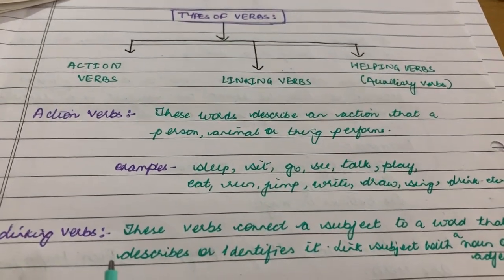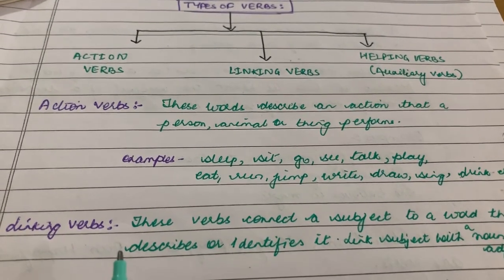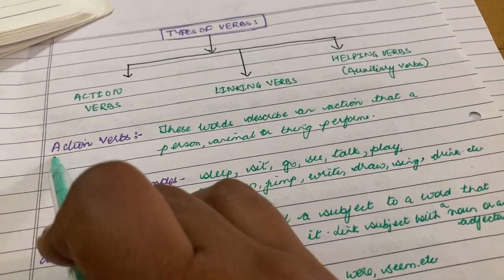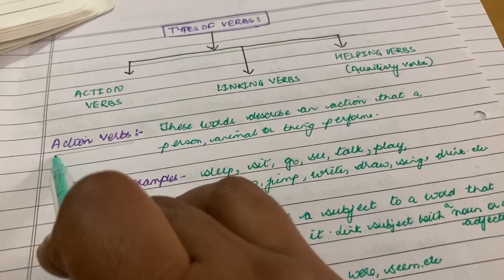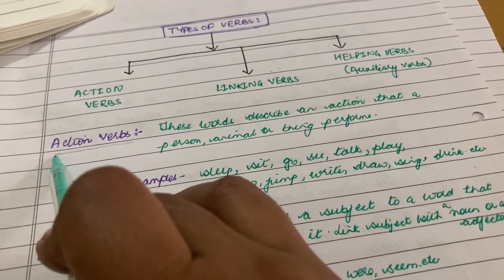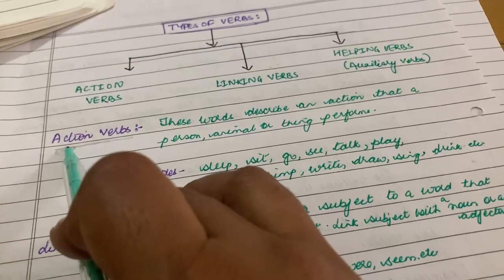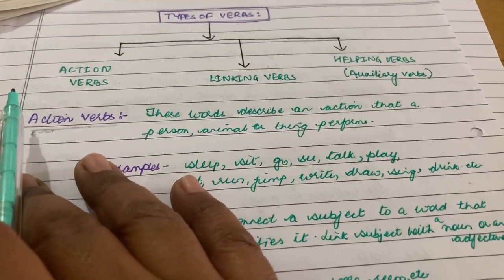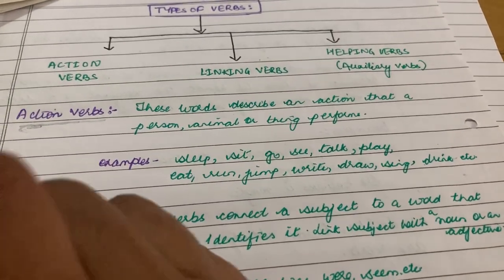So what is an action verb? The words that describe an action. The verb itself tells us what it means. Action means what action a person is doing, an animal is doing, or any living thing is doing.